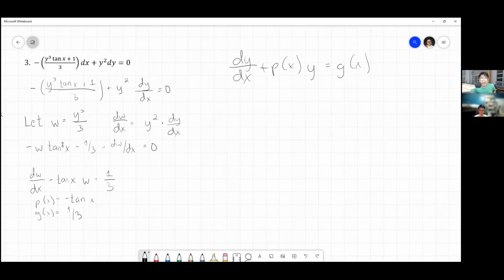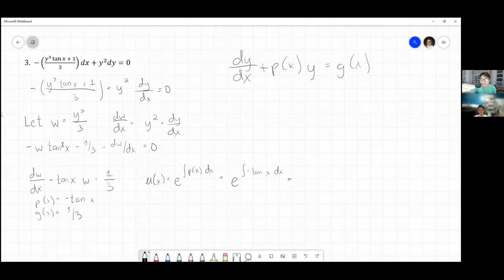So, kunin natin si integrating factor. So, mu of x is just e raised to the integral of p of x dx, or e raised to the integral of negative tangent x dx.